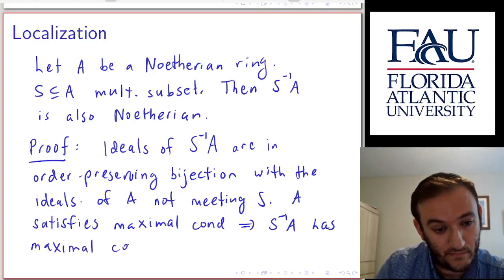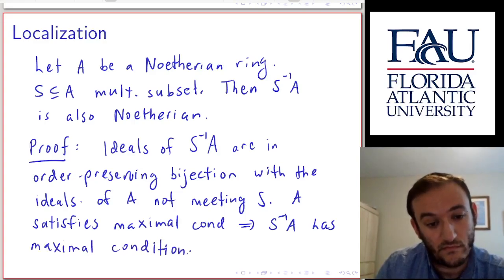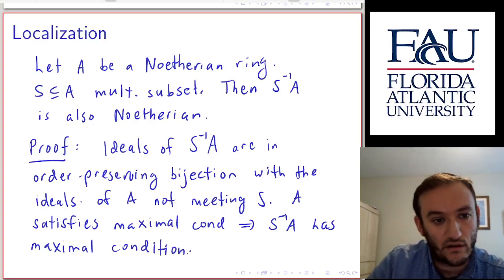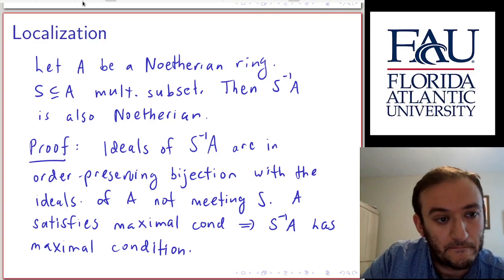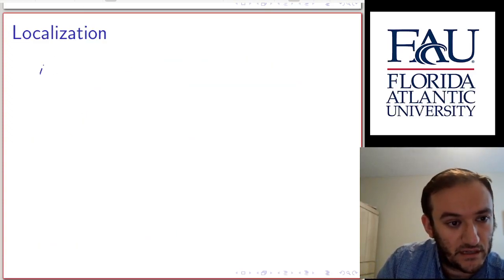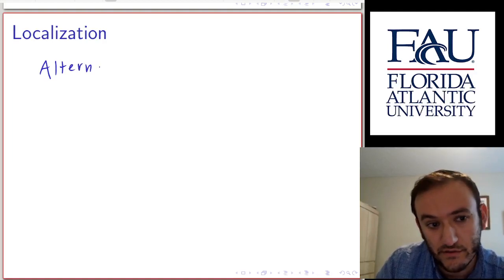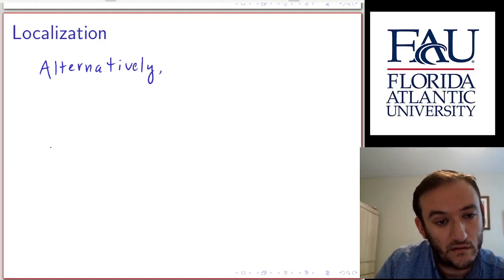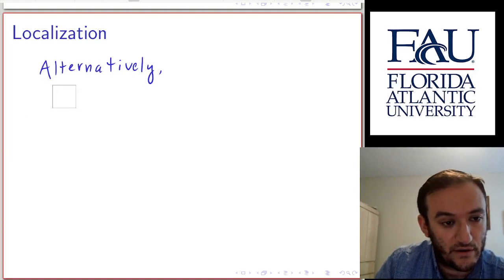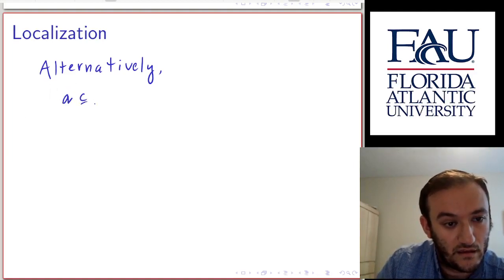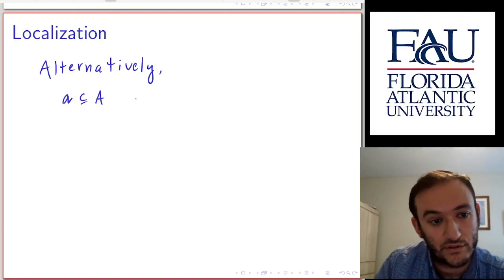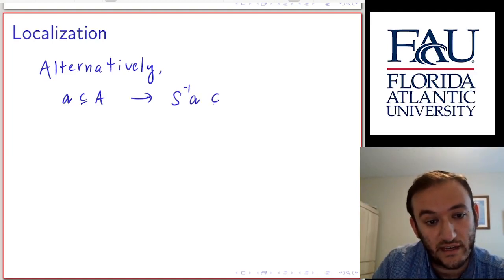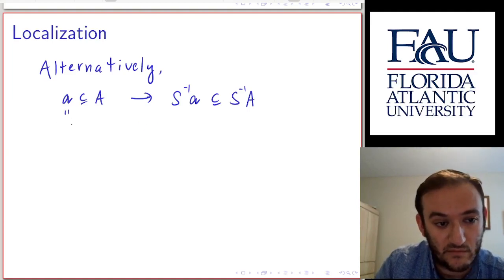Okay. And an alternative proof is also offered in Atiyah-Macdonald, which uses the finite generation of ideals. So alternatively, let's say you have an ideal little a in A, then when you map forward to the localization, the corresponding ideal there will be generated by, so we know that this is going to be generated by some finite collection of elements of the ring.